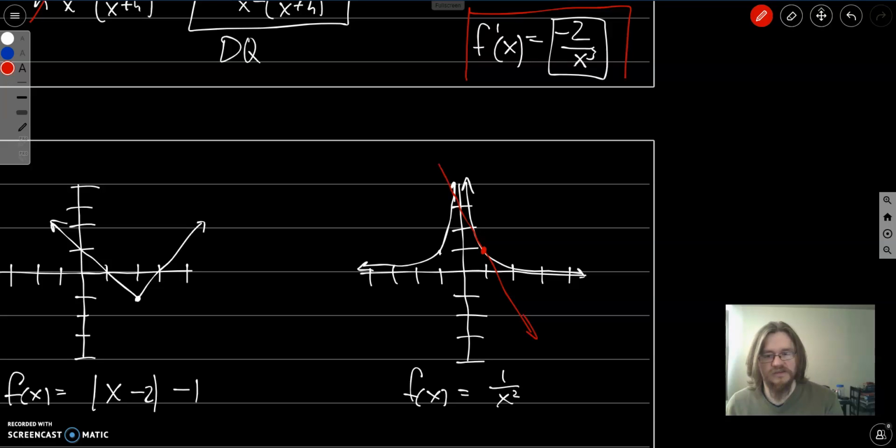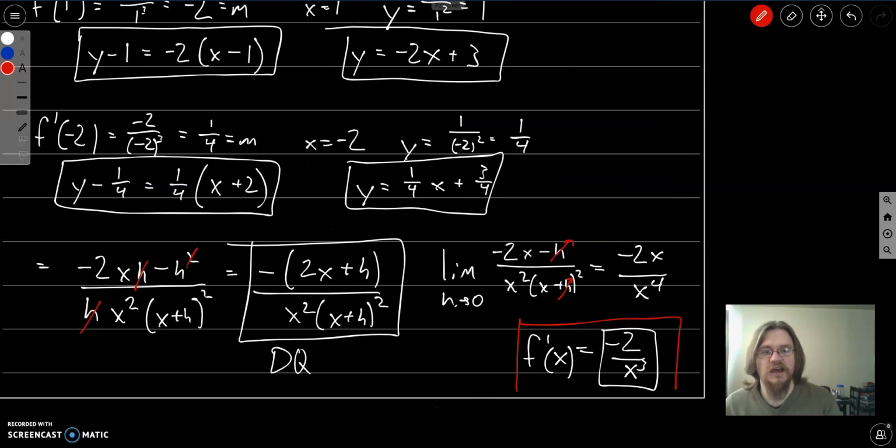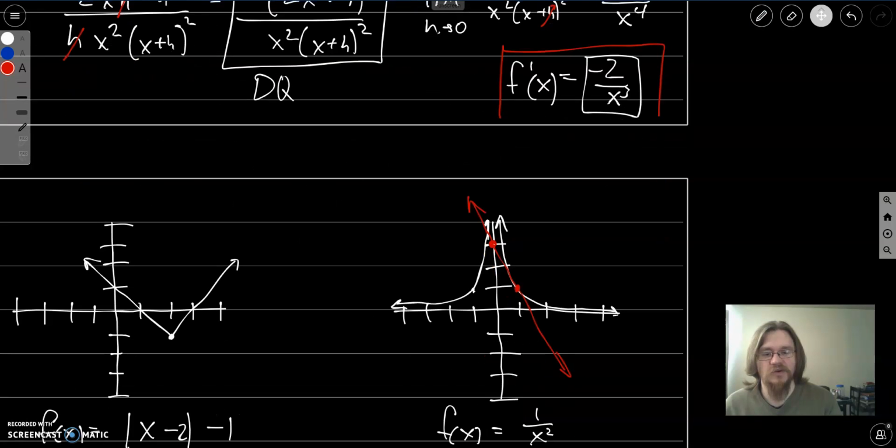And it does look like that. If I were better at drawing, this would be a lot nicer drawing. But essentially what we see here is that the slope is going to be -2, and our y-intercept should be at +3. And this matches our equation for the tangent line at exactly that point.